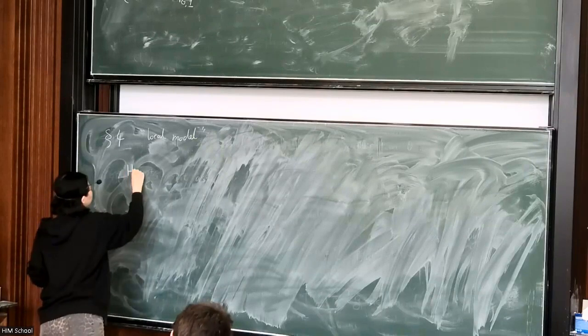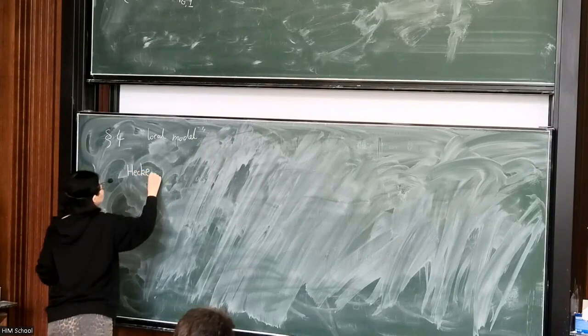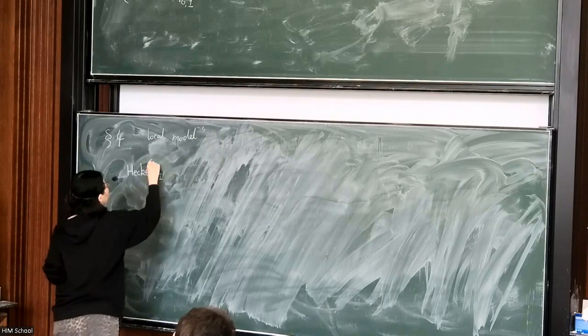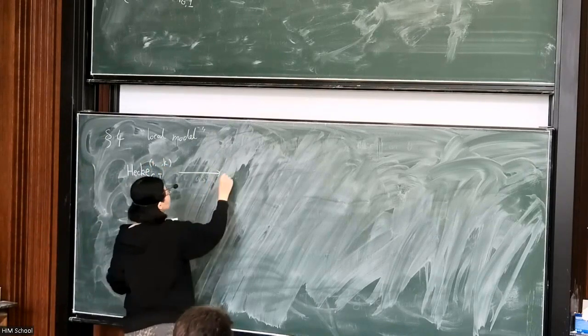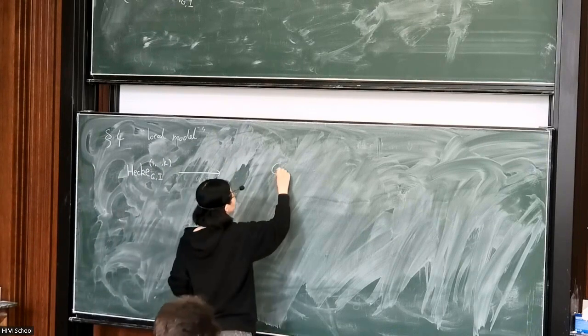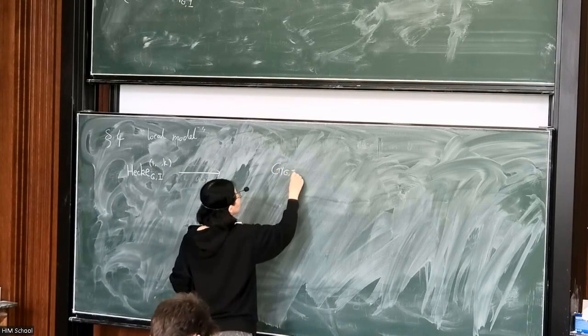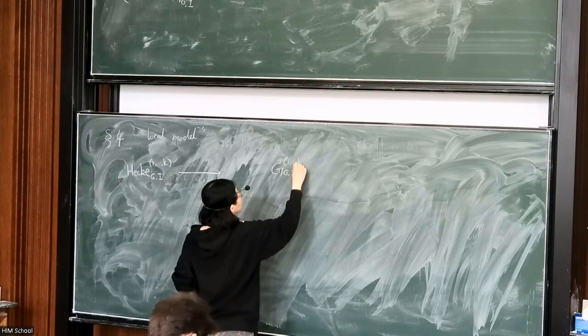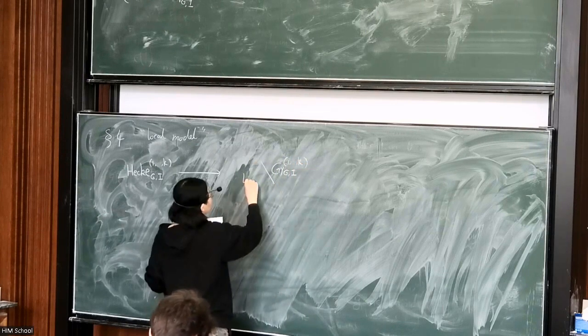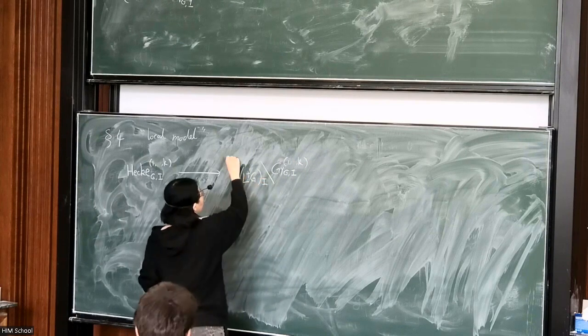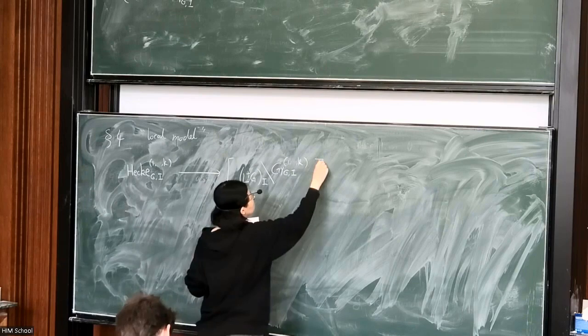So we have a map from Hecke stack. Not exactly to the Beilinson-Drinfeld affine Grassmannian, but we quotient out the action of this group.